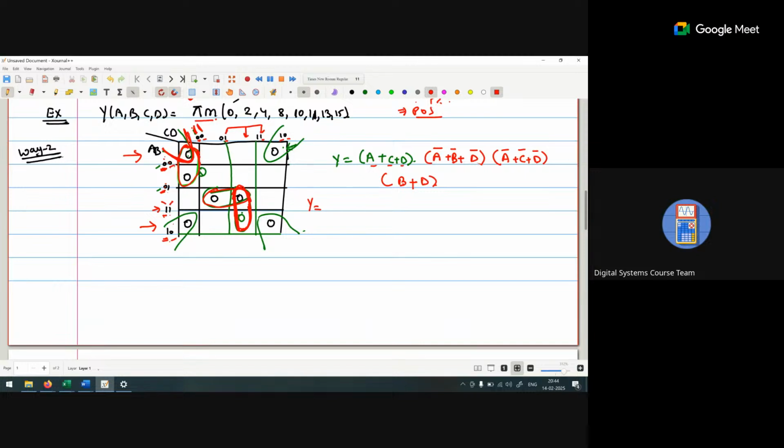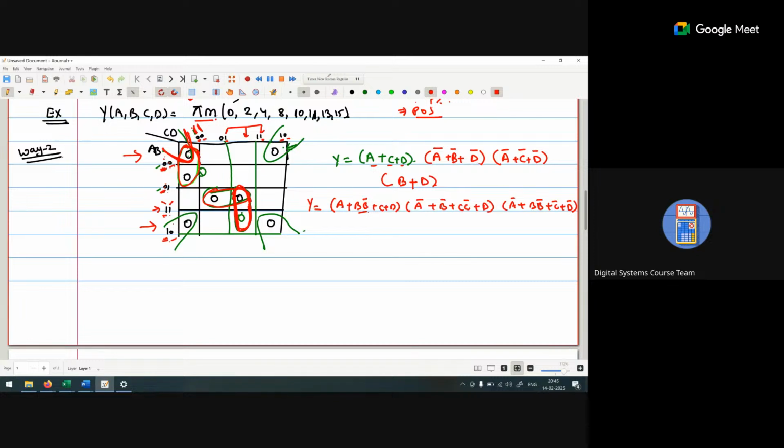So y is equal to, I am taking the (a plus b bar plus c plus d), (a bar plus b bar plus c bar plus d), (a bar plus b bar plus c bar plus d bar). You know why I just multiply the b bar, because b bar is 0. So here the b term is missing.